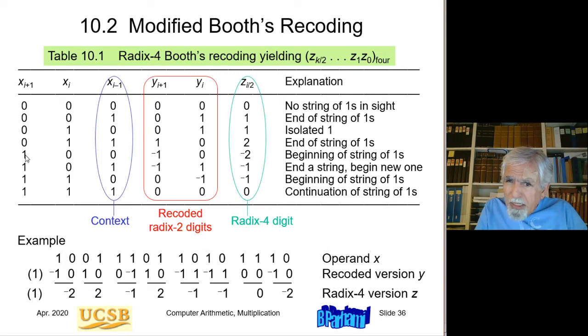If I see 1, 0, and the context is 0, the recoded radix 4 version will be -2. So these radix 4 digits are obtained directly from 2 bits of the operand x plus 1 bit of context to the right.